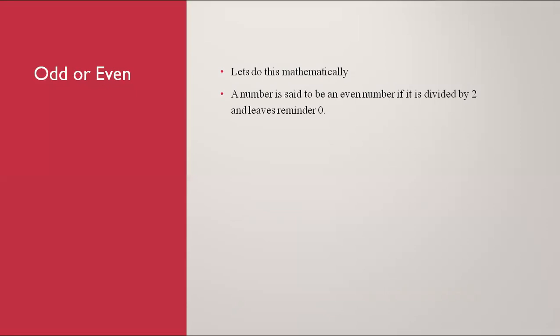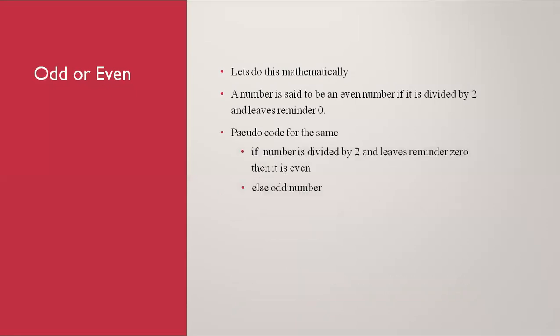If you consider any number, divide the number and it gives the remainder as 0, then we say that it is an even number, else it is an odd number. Let's write the pseudocode for the same. If a number is divided by 2 and leaves a remainder 0, then it is an even number, else odd number.